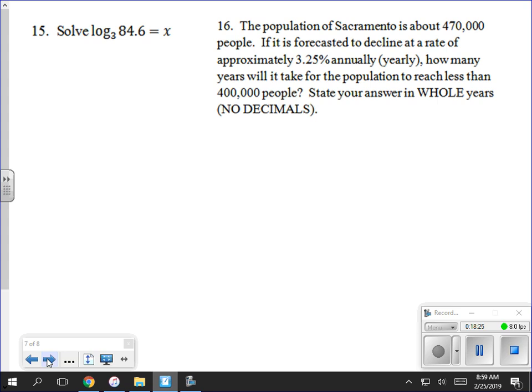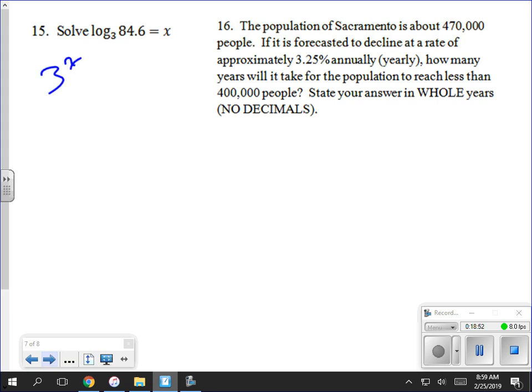Okay. So this one's a little goofy. Solve the problem. So I can't rewrite x as some power of 3. I have a log on one side. So what do I need to do? I need to loop this. I have a log on one side and something on the other and a variable involved. That's the first thing I need to do, rewrite this as an exponential.